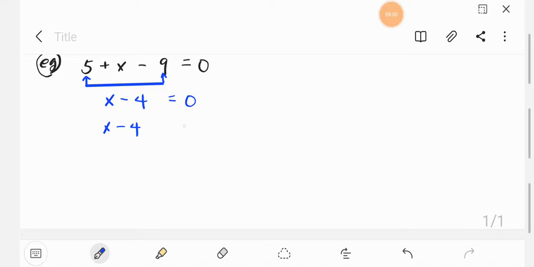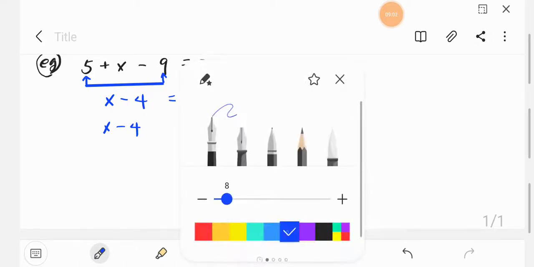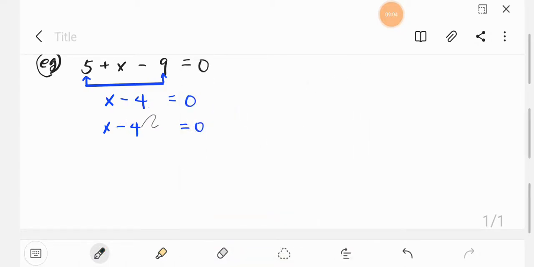We have a minus 4 on one side. So why don't we add 4 to each side? These two will become 0, right? So x plus 0 is equal to 0 plus 4, which is 4. So x is equal to 4.